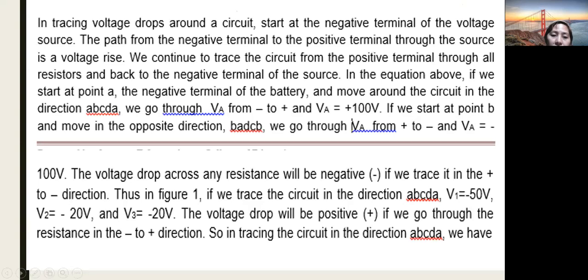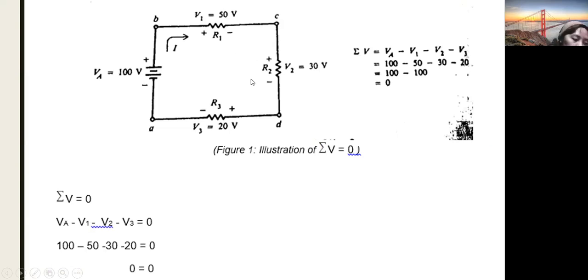So therefore, what will the voltage applied be?